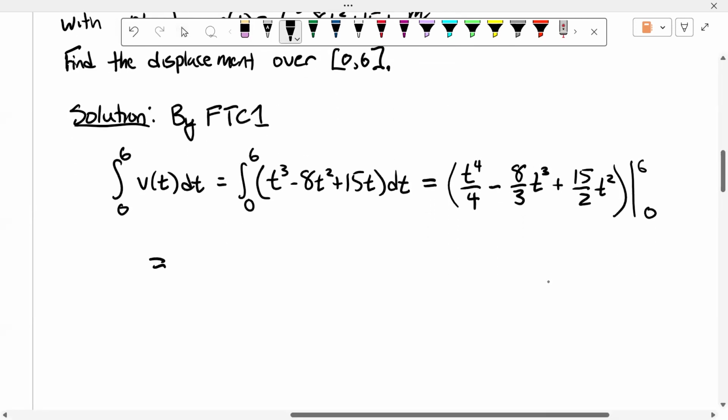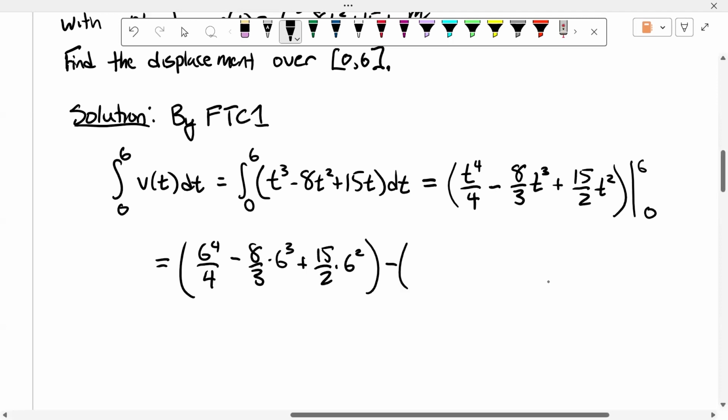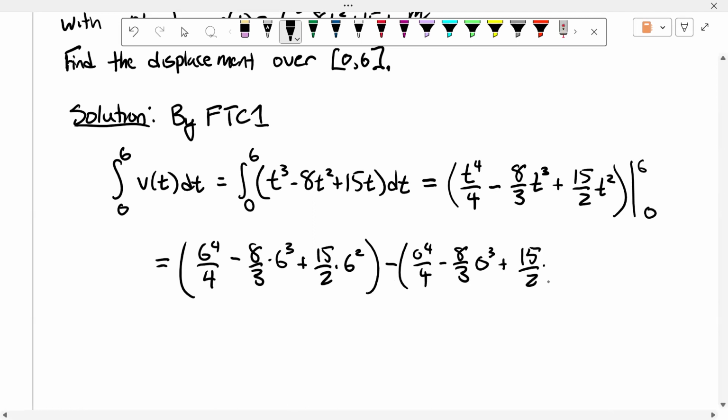So what I'll do is I'll plug in, and as always, I love parentheses. 6 to the 4 over 4 minus 8 over 3, 6 cubed, plus 15 over 2, 6 squared, minus 0 to the 4 over 4, minus 8 over 3, 0 cubed, plus 15 over 2 zeros squared.